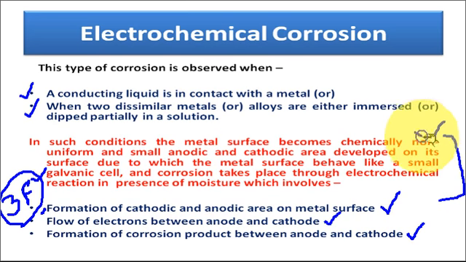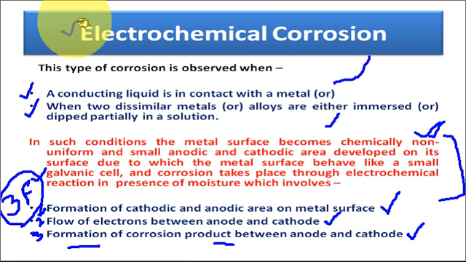Because as the metal surface becomes chemically non-uniform, anodic and cathodic areas are formed. As these areas form on the metal surface, in the second step, flow of electronic current starts between these two areas, and as the electron flow starts, in the third step, the corrosion product is formed. So in presence of these two conditions, the metallic surface undergoes corrosion through the electrochemical reaction. I hope you understood the concept of electrochemical corrosion.